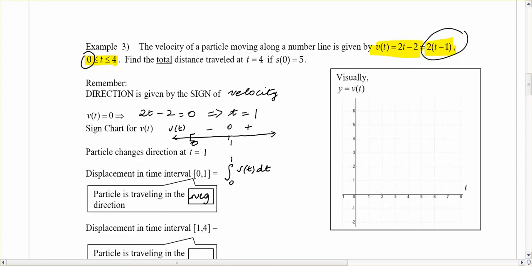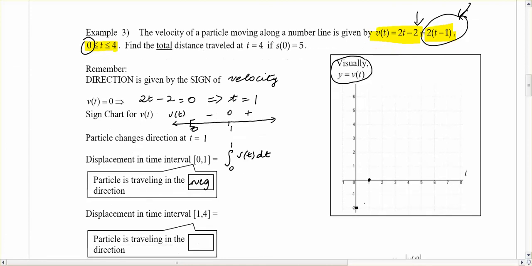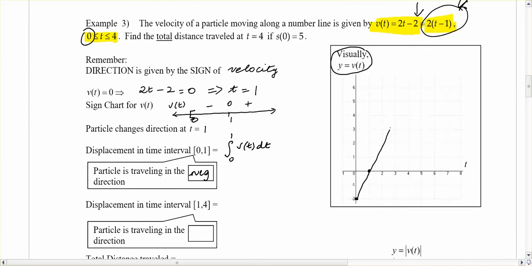Let's graph this function visually. y equals v of t. y is 2 times t minus 1. I cross the t-axis at 1. I have a y-intercept of negative 2, and it's a nice straight line. And we go until time t equals 4.